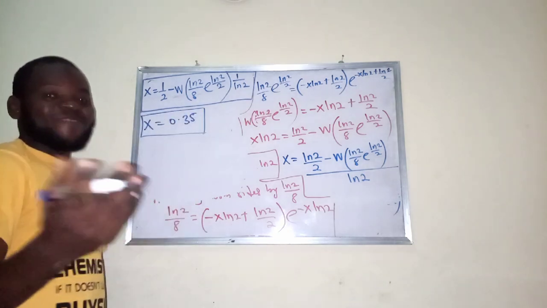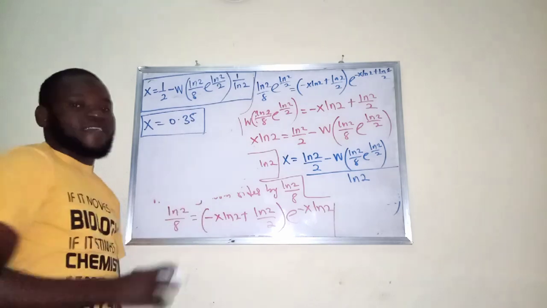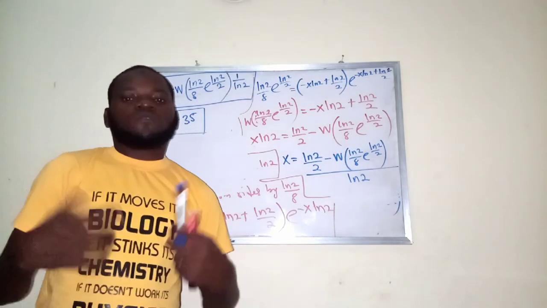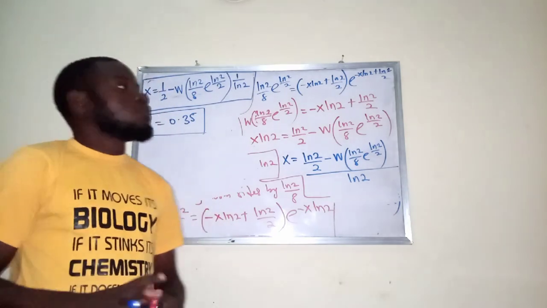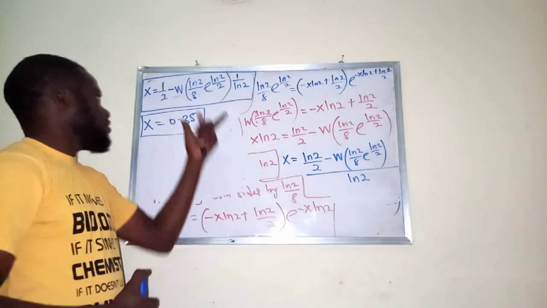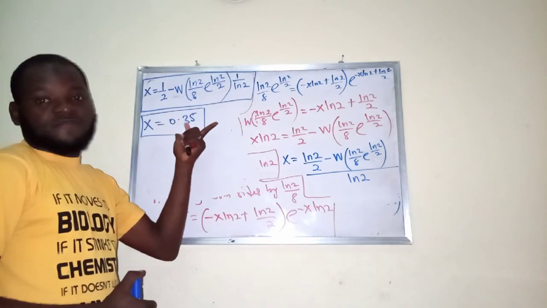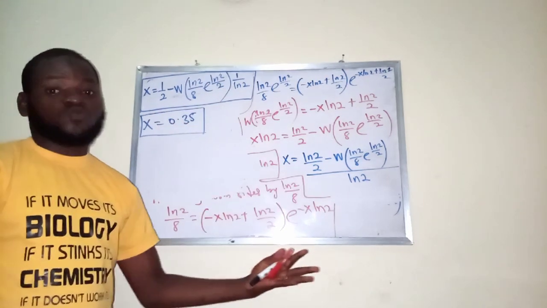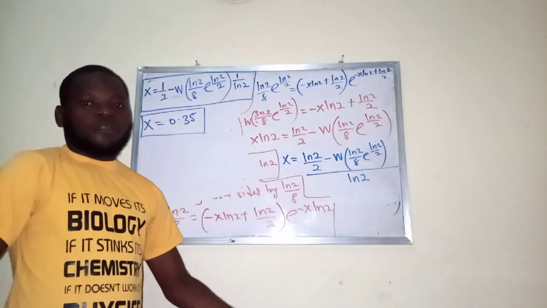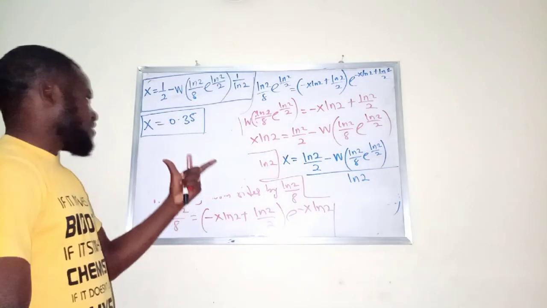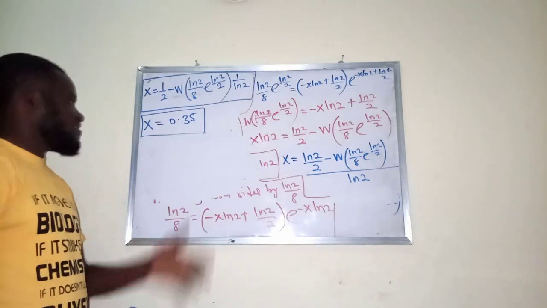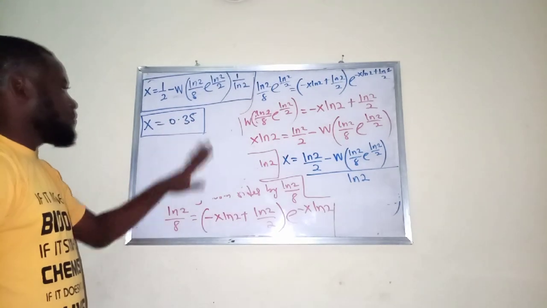Your normal calculator might not be able to compute this, but if you can download or buy Wolfram Alpha, the app is just 1,800 naira on Play Store. You can get one for yourself, then you enter this on it, and you get your value to be 0.35.